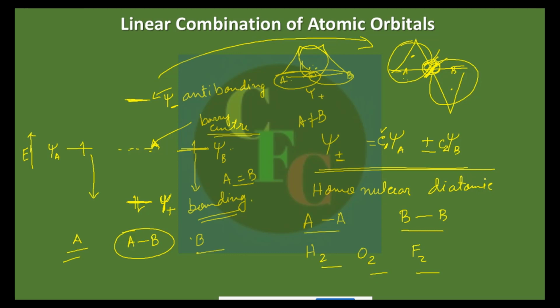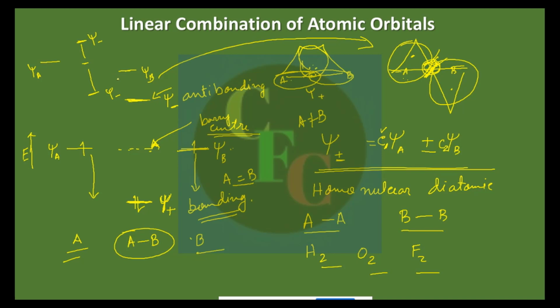I will discuss one example here. We will clearly see that their weightage cannot be the same, because the contributions will be different now in terms of energy, because they will be of different levels. Now if psi A and psi B are of different levels, their combinations will also be different. Now this is the barycenter, this is psi minus and this is psi plus. Fine.